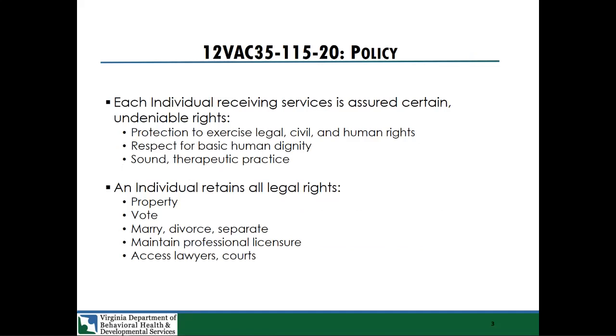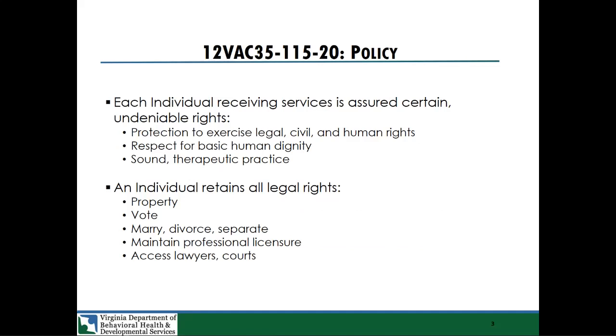There are several affirmative rights that individuals receiving services have. When we think about provider compliance, we are primarily looking to ensure assurance of every individual's rights as listed here on the slide and is spelled out in each section of the human rights regulations.